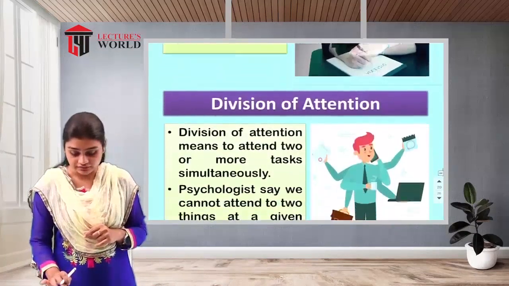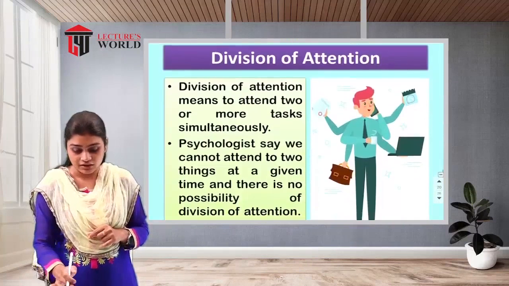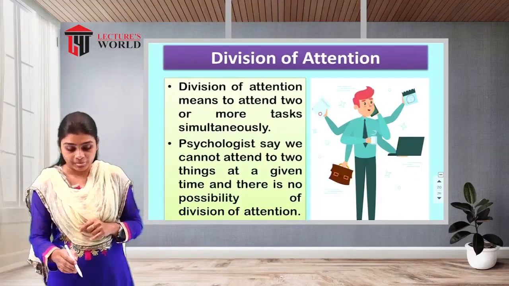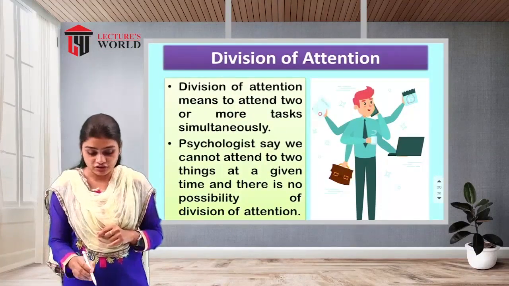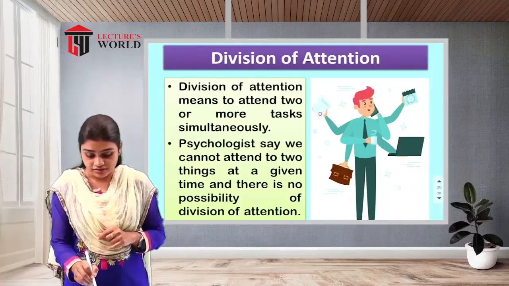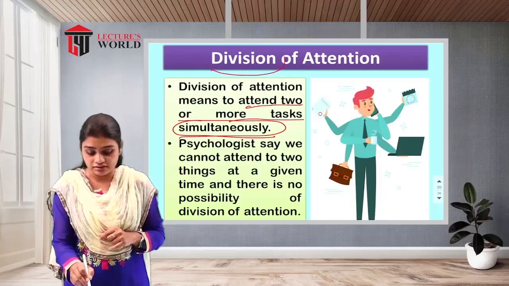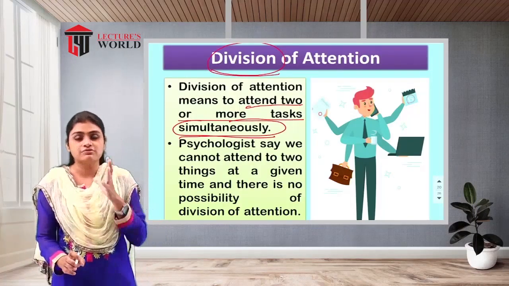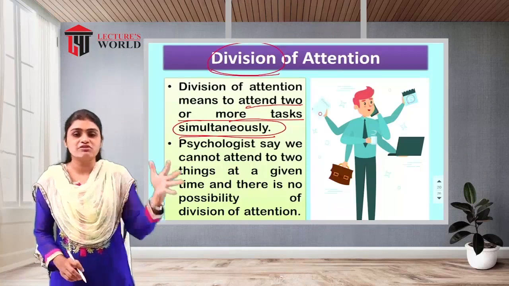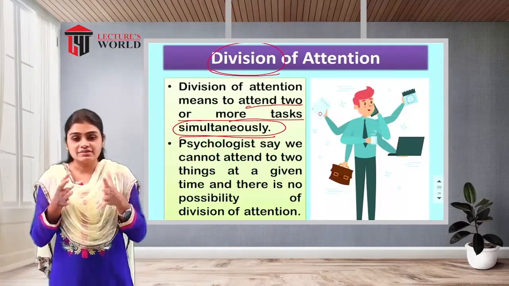Then we have division of attention. Let's see what this division of attention is. It means to attend to two or more tasks simultaneously. You can see in the word itself, division, that means we are dividing our focus or attention, when a person is doing multiple activities at the same time.